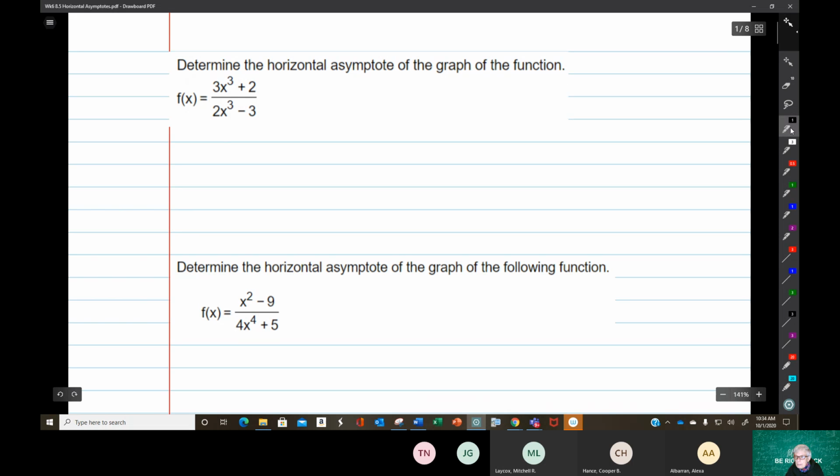When the highest power on top and the highest power on the bottom are the same, this is what you do. You take the highest power term from the top and put it over the highest power term from the bottom.